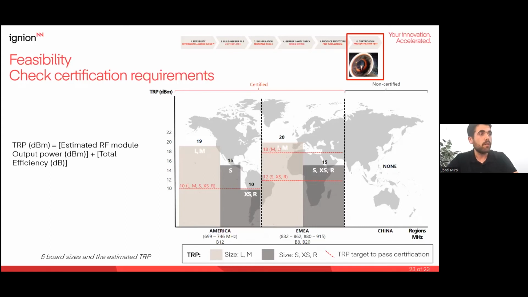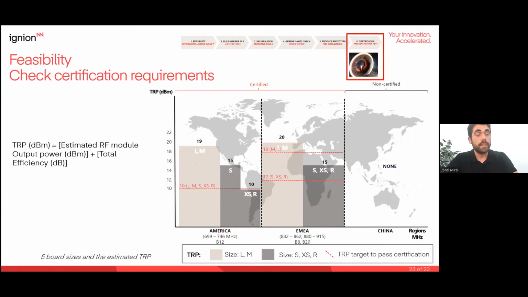Then for EMEA, we have two targets, implemented more strictly for bigger PCBs. We have an 18 dBm target for medium and large size. In fact, in EMEA, small PCBs are considered those with dimensions smaller than or equal to 50 by 50 millimeters.